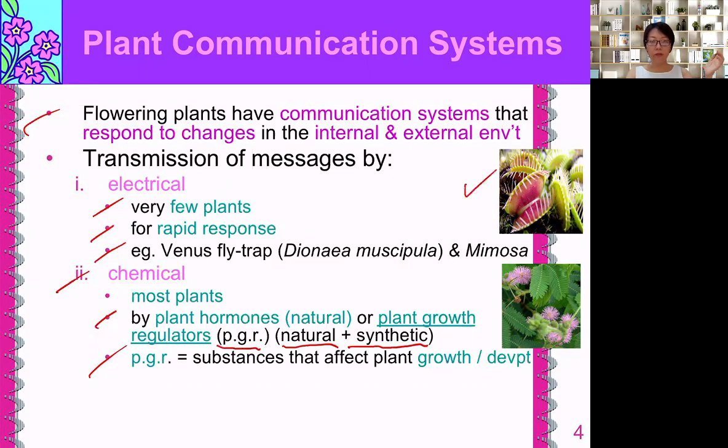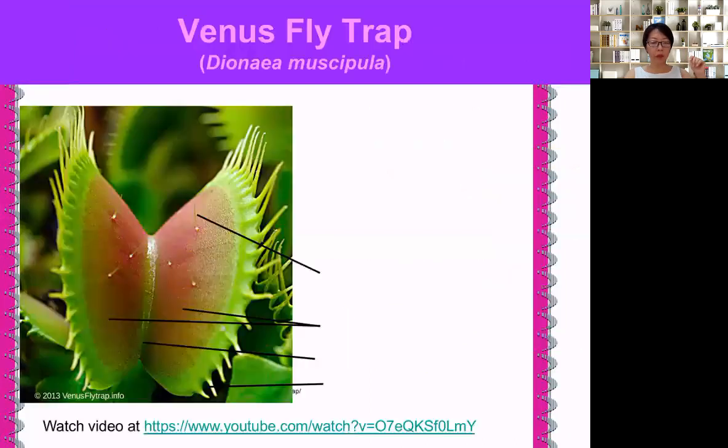This one is the Venus flytrap and this one is the mimosa. You touch the leaf of the mimosa, then very quickly it will close because they use the electrical way of communication. Let's look at the Venus flytrap, the overall structure first. It is a carnivorous plant because it feeds on animals, small insects.